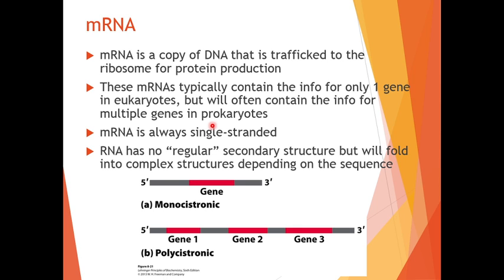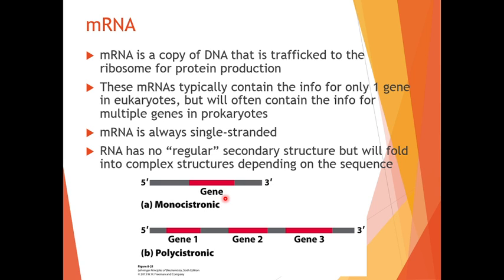Shown here are two different mRNA sequences from bacteria and archaea. A single mRNA molecule may code for one or several polypeptide chains. If it carries the code for only one polypeptide, the mRNA is monocistronic, as shown here.